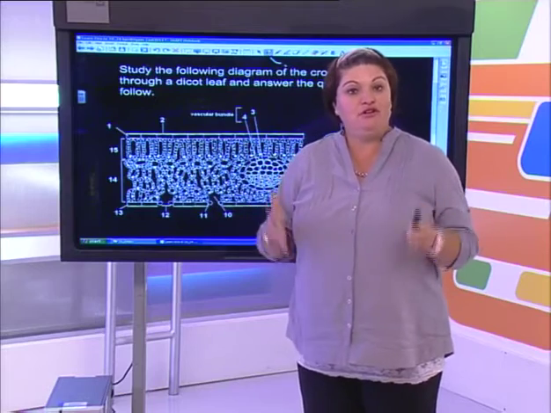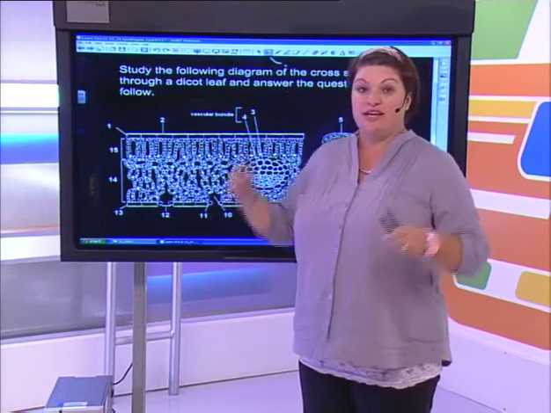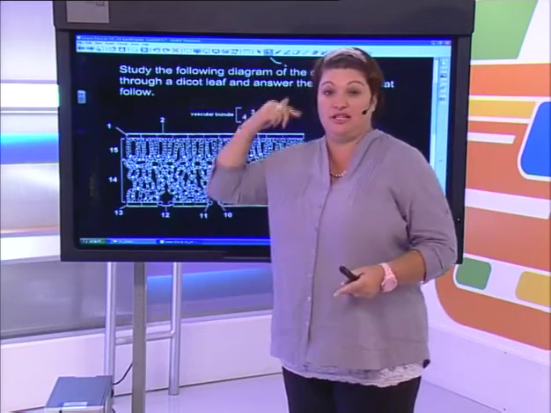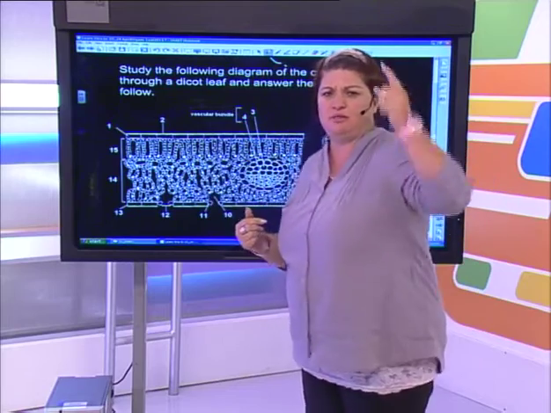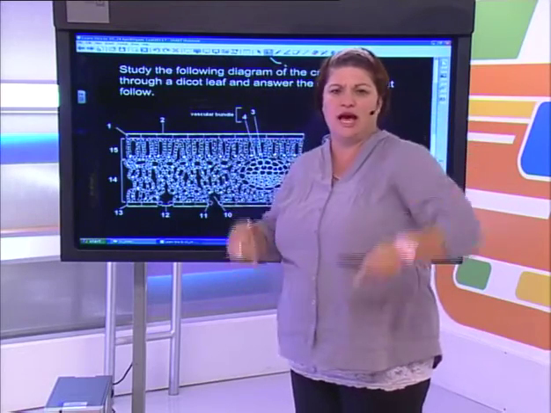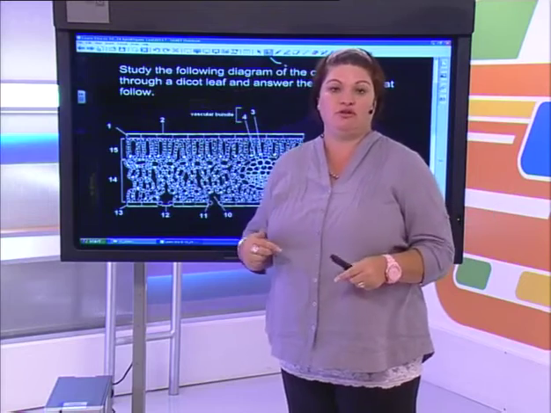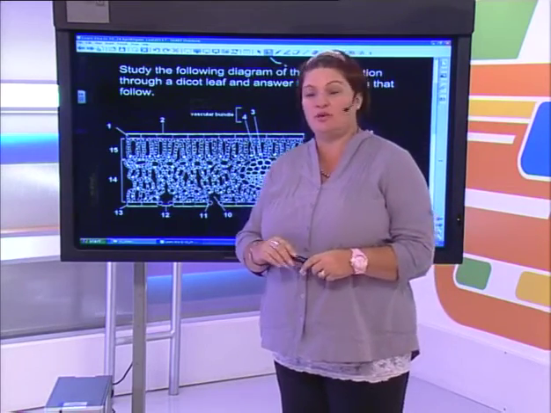If you know your diagram, and it's very similar to the one that we went through just now, already all that terminology needs to go through your head. You need to think upper epidermis, lower epidermis, palisade mesophyll, spongy mesophyll, cuticle, xylem, phloem, intercellular air spaces. All of that should be going through your mind. So let's take it one step at a time and see how we can answer these questions.